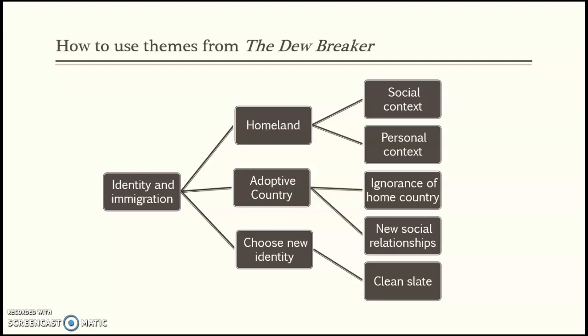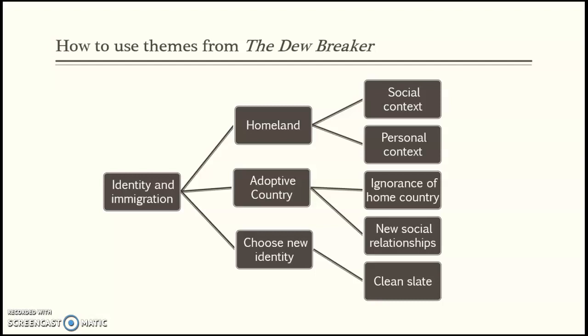In this way, you're not using any quotes from the book necessarily in the body of your text. If you'd like to use something from The Dew Breaker in the introduction to give a framework for these ideas, that's perfectly fine. If you don't want to use a novel at all, that's also fine. It just depends on how you want to approach it.